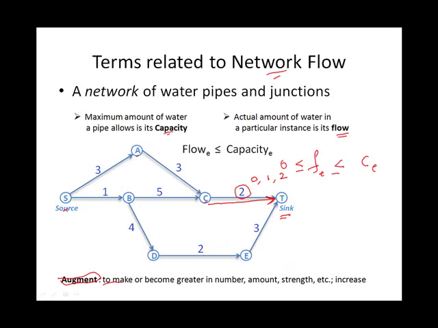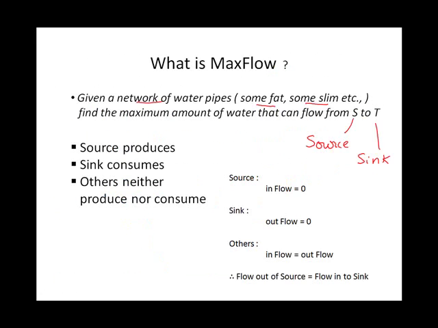The water is produced at the source and it has to reach the sink, and it should follow some other rules. What actually happens is the source produces and the sink consumes, and all the other vertices in between neither produce nor consume. They just help the water to flow in the network.